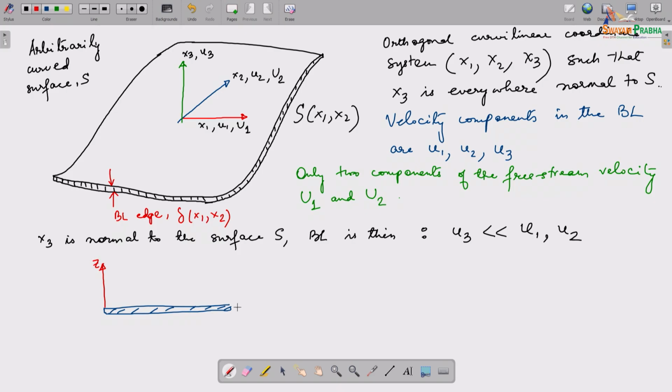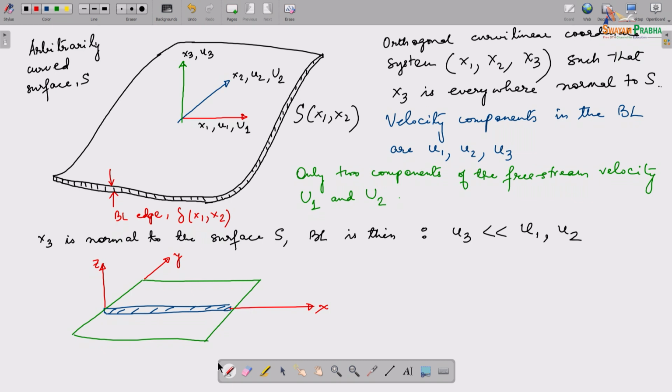Let's just say this is C and this is X. Now you are considering even the span, so you also have another dimension, which is y. If you compare it with what we have here, this is x1, this is x2, and this is the x3 direction.